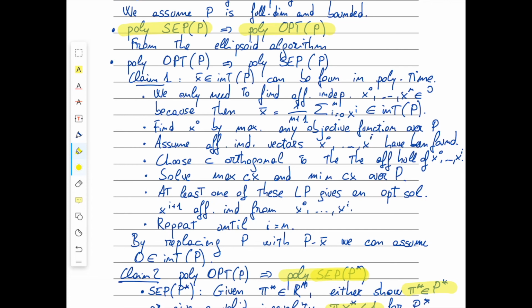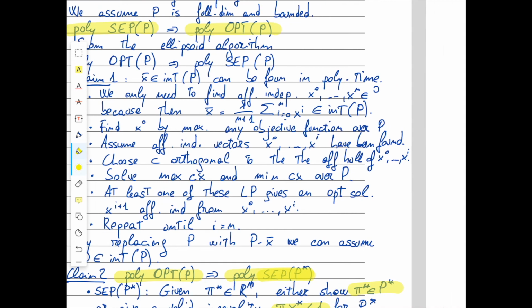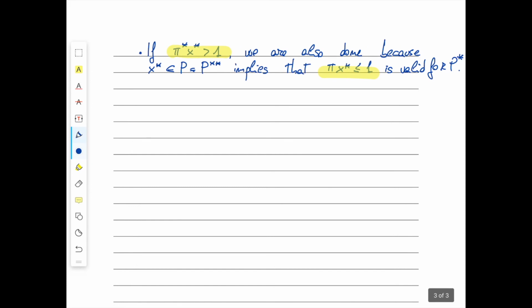Now, if we again apply claim 2 to P star, we have that polynomial optimization over P star implies polynomial separation over P star star, which is equal to P. Therefore, we will have shown that separation over P can be solved in polytime, which is exactly what we wanted to show. So let me write these two implications. So the first part of the proof.